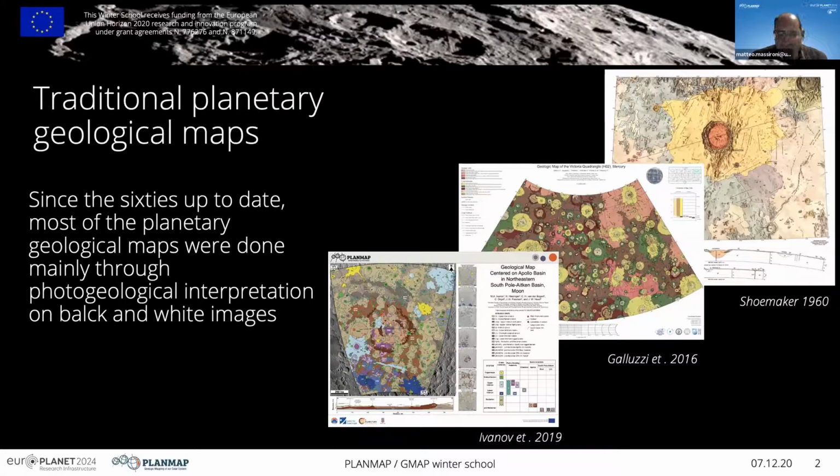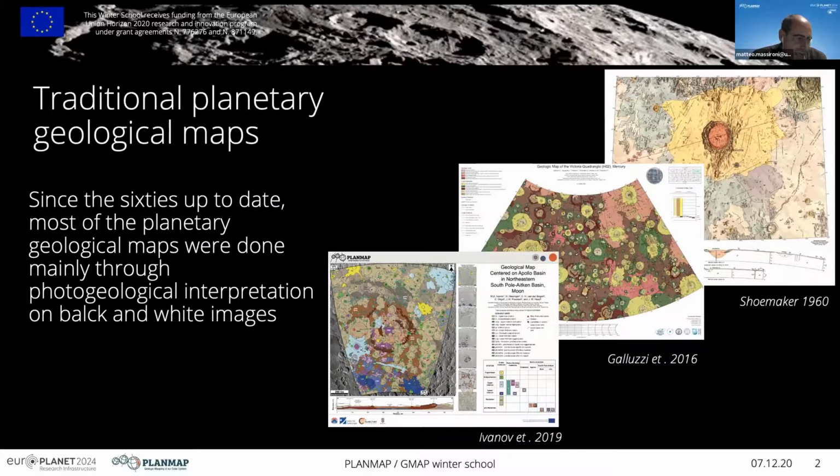Now there are even some colorized RGB images that can help, but from the first map of 1960 by Schumacher onwards, most geological maps were based on photogeological interpretation of black and white images.